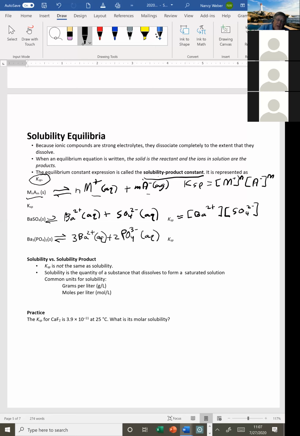And then the formula for the KSP. So everybody see how to do that? Anyone having trouble?